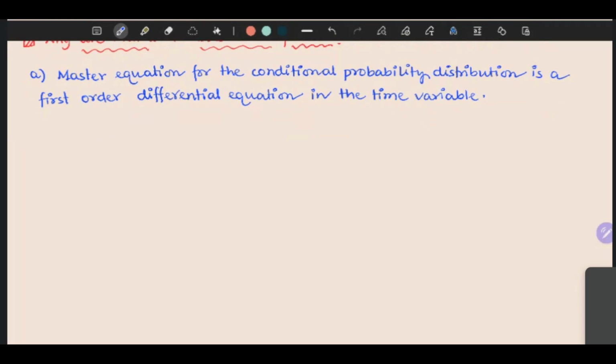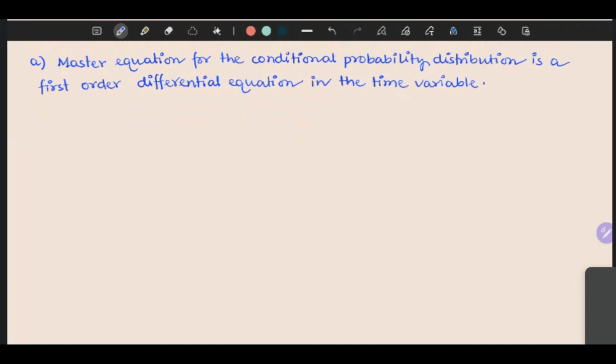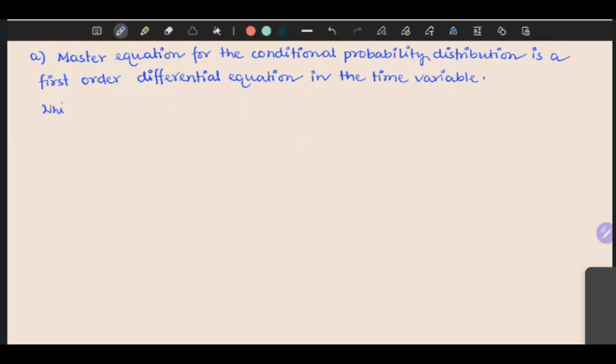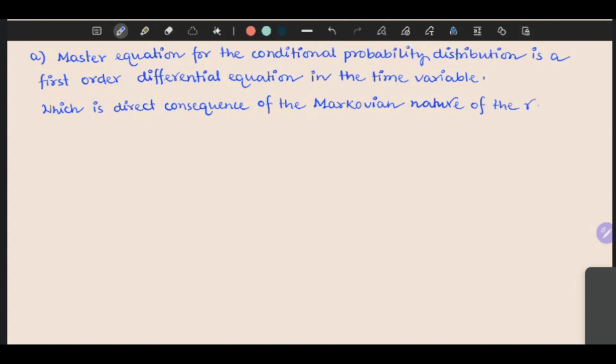Now, which is actually a direct consequence of the Markovian nature of the random process.